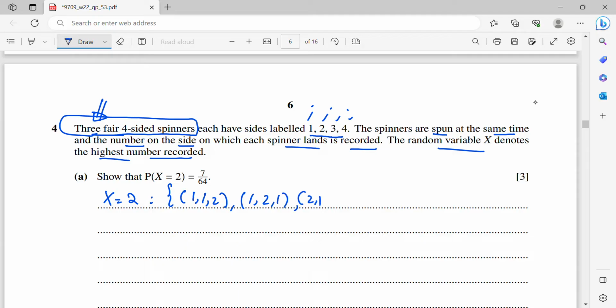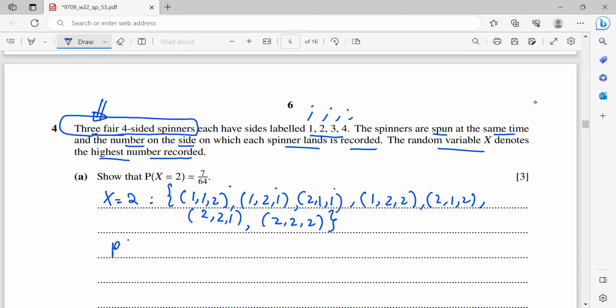It could be 2, 1, 1. Now I will consider 1, 2, 2. There are 2 times of 2. And then 2, 1, 2. And then 2, 2, 1. It could be all 3 land on number 2. So these are the outcomes. From here we have 7 outcomes.